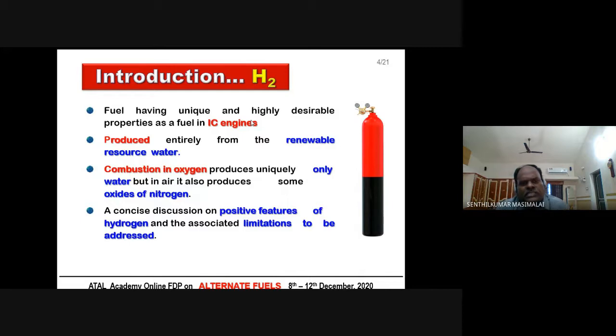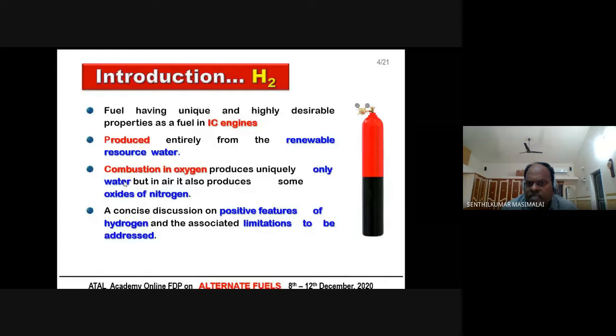If you look at the properties and features of hydrogen, hydrogen has unique and desirable properties to use in internal combustion engines. Combustion of hydrogen will result only in water, H2O, and no other emissions like gasoline or diesel.